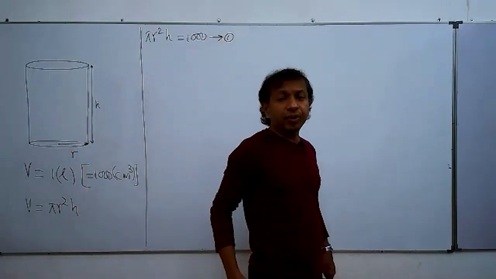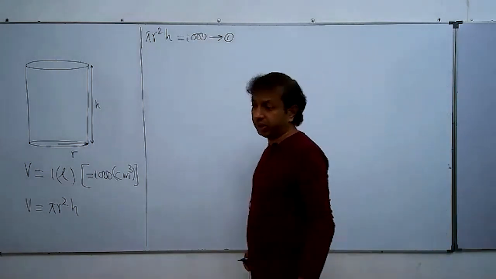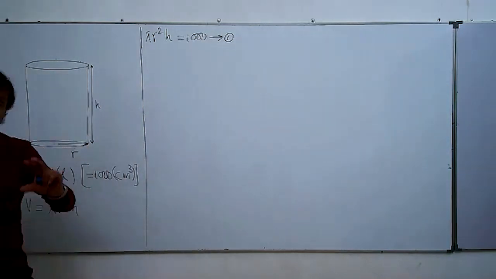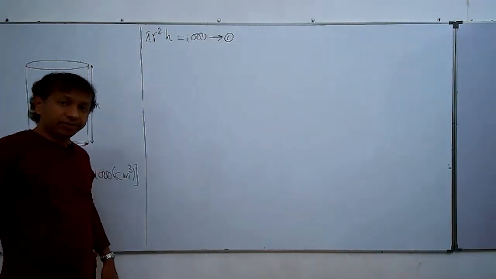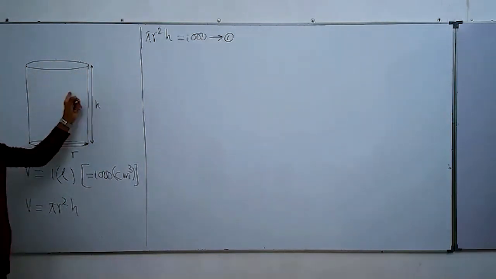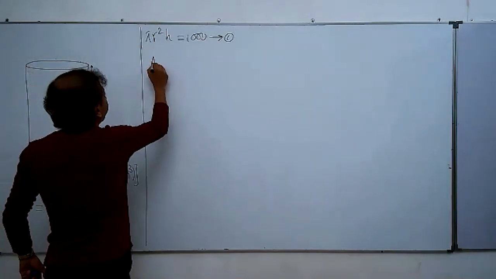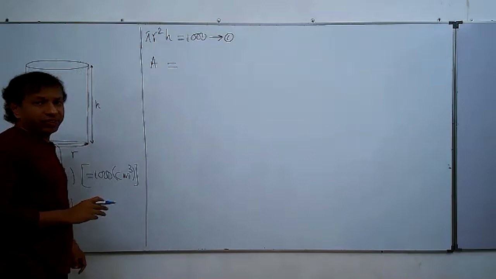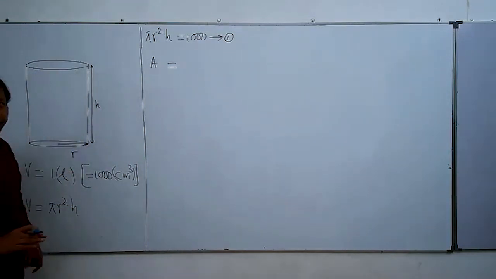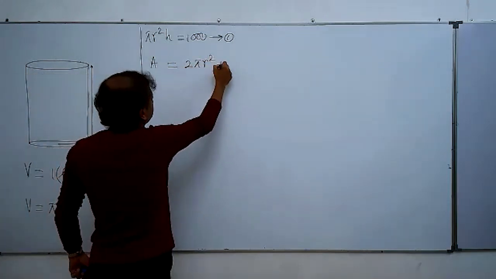Then secondly, you can write, people, the area of the overall cylindrical can. 3 surfaces: 2 flat surfaces like this and a curved one like this. So if I write the area as A, the 2 flat surfaces, pi r squared and pi r squared, 2 times pi r squared, plus.